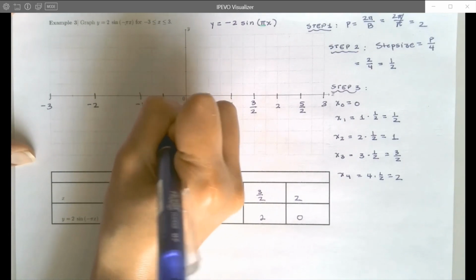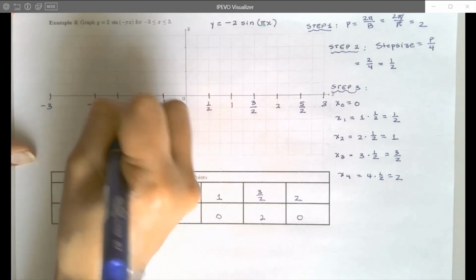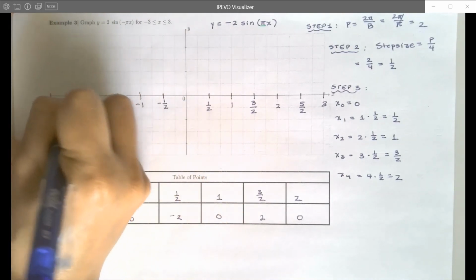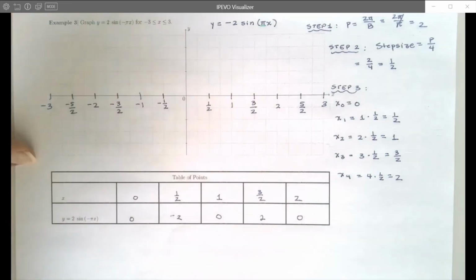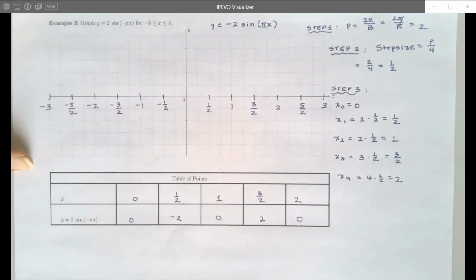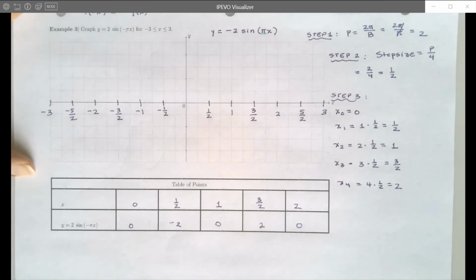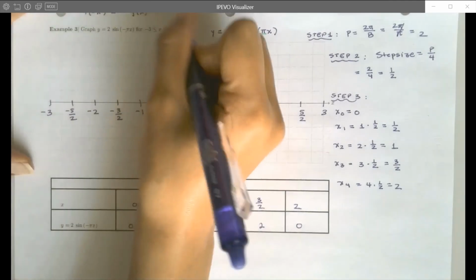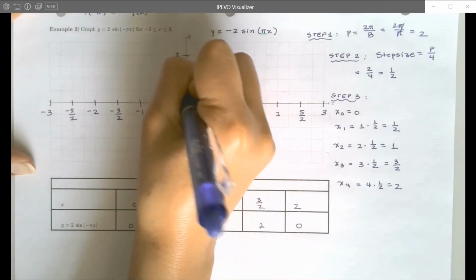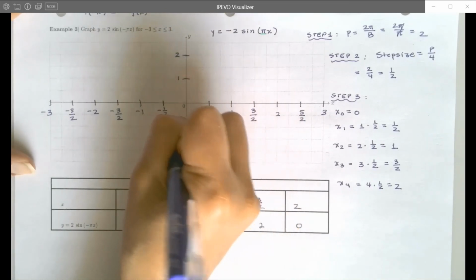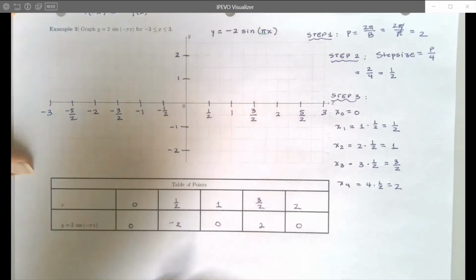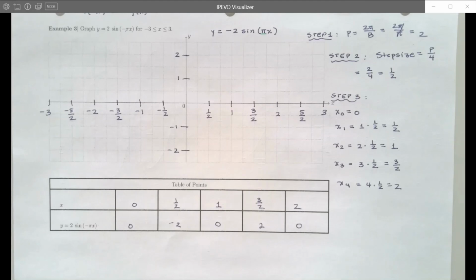This will be -1/2, -3/2, -5/2. And lowest point is -2, highest point is 2, so we can make this 1, 2, and then -1, -2. And now we have all of the tick marks that are needed.